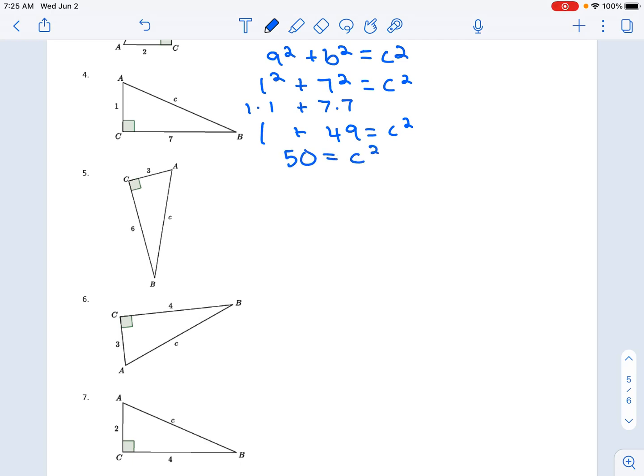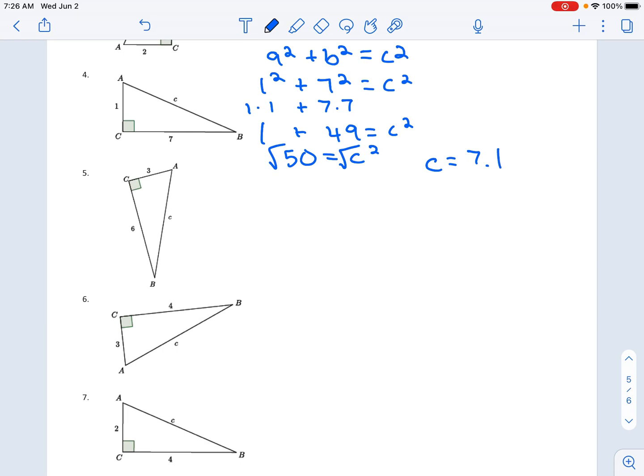You have to get rid of the square symbol on the c, so you plop the square root symbol and the square root of 50. So something times something equals 50 is a decimal. And c by itself is now 7.1 because I rounded.